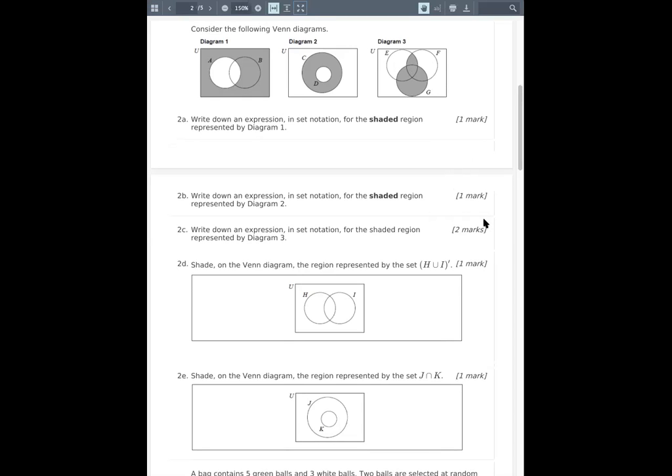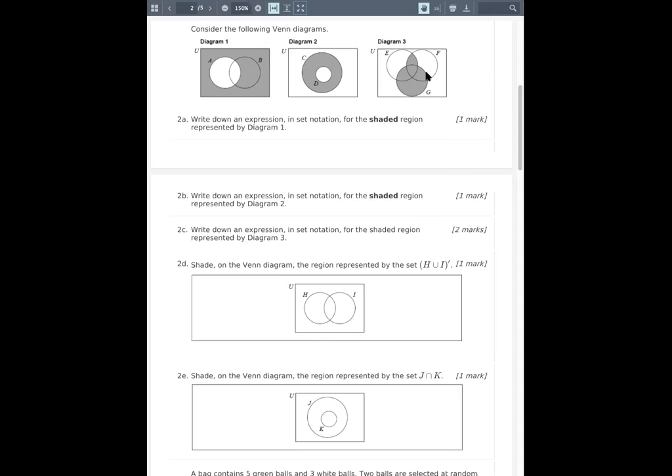So for diagram 3, what is shaded is E intersection F, that middle portion, and the other thing shaded is the G circle. So it'd be parentheses E intersection F close parentheses union G. I see it now.